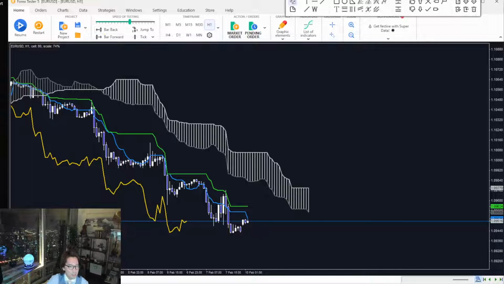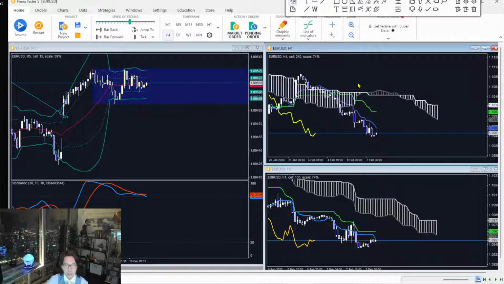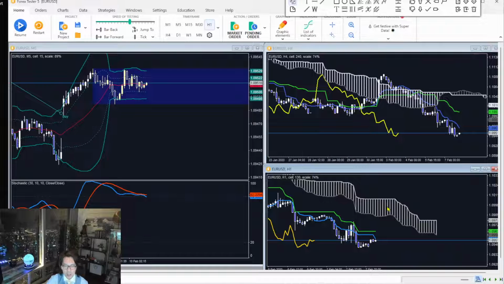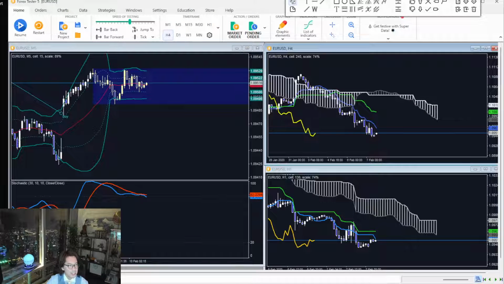Okay, so I have 3 screens. Again, 4 hour, down here is 1 hour, and on the left is the 5-minute. In this case, I never pay attention to the 5-minute candlesticks. I simply run the chart until 1 hour goes bearish.